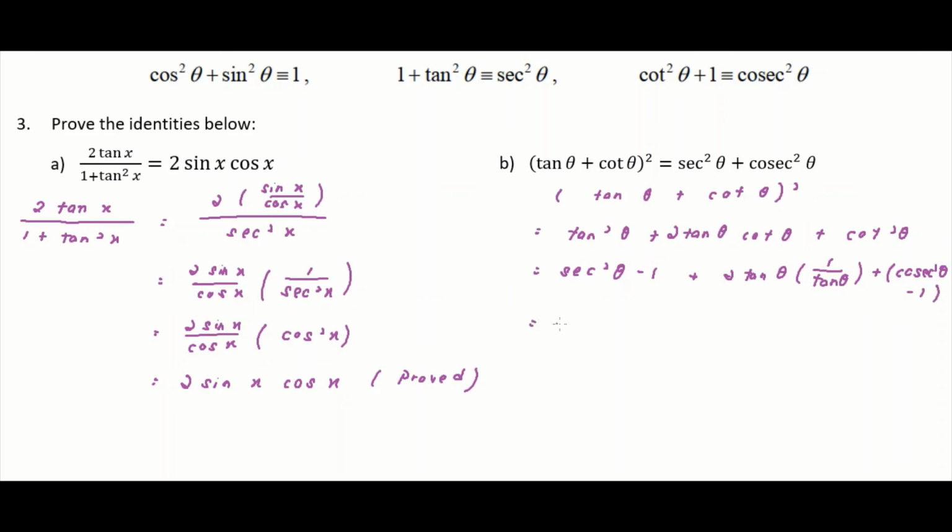Now you have secant square theta minus 1 plus, here tangent theta and tangent theta cancel each other, so you are left with 2, and then plus cosecant square theta minus 1. Negative 1 plus 2, you get 1, 1 minus 1, you get 0. So you get secant square theta plus cosecant square theta, which is what you want here. Proof.